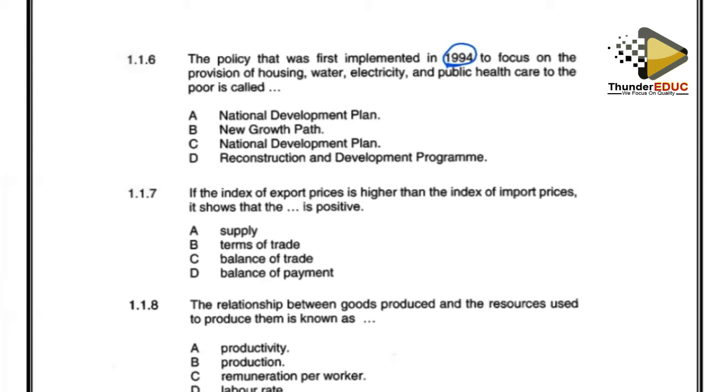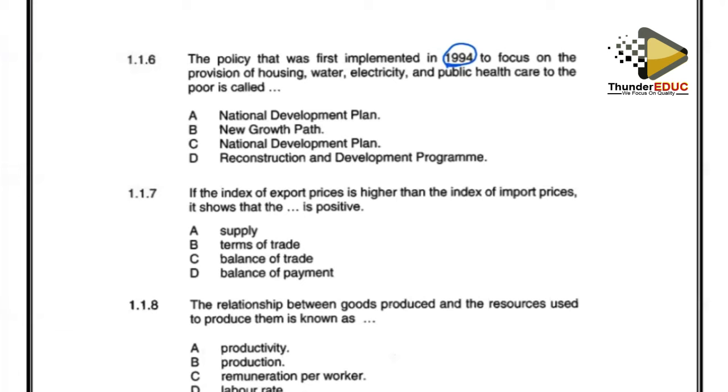So after the ANC came into power, it tried by all means to revise all the rules that were in place. They tried to accommodate each and every person, regardless of race, language, age, or height. Why were they doing that? Because before 1994, black people were mostly disadvantaged.